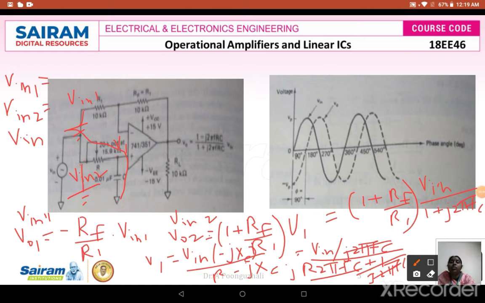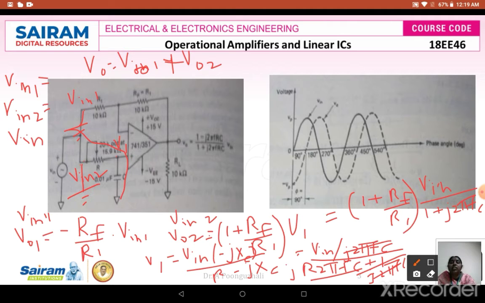So what is my total output voltage? Total output voltage V0 is equivalent to V01 plus V02. This is one output, this is one output.